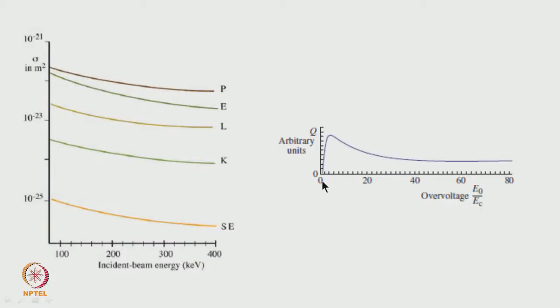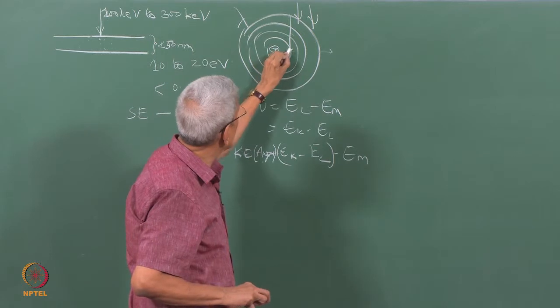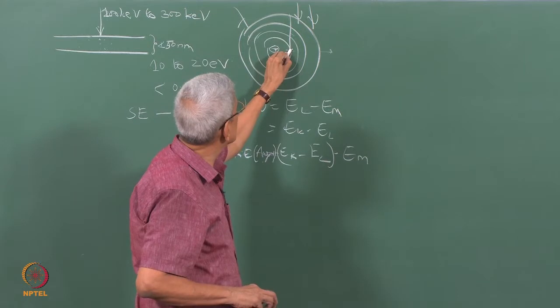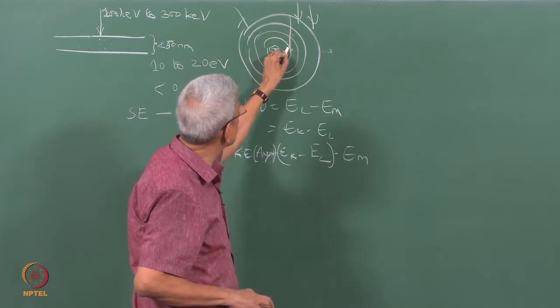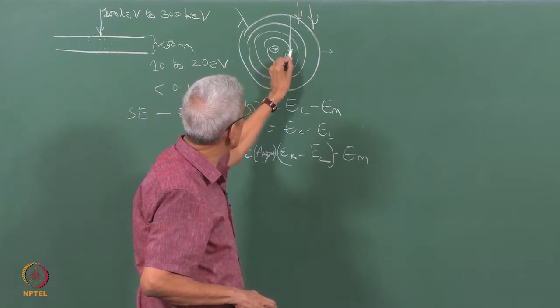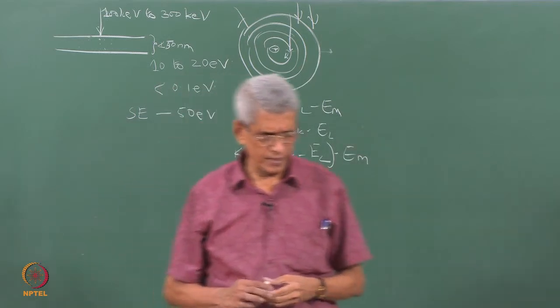Since we are using electrons, as I mentioned, as the electron enters the sample, it starts losing energy before it interacts with an atom. What this means is that it can lose some energy and then knock out an electron from this level, or it may not have lost any energy and reaches with full energy, and part of the energy is used to knock out an electron from this level to the vacant level.